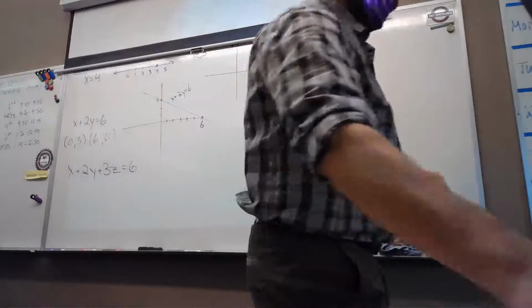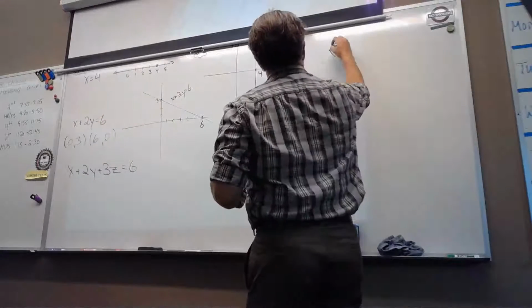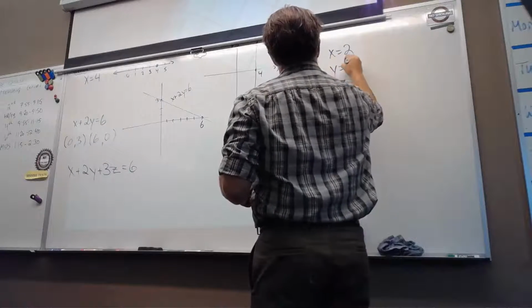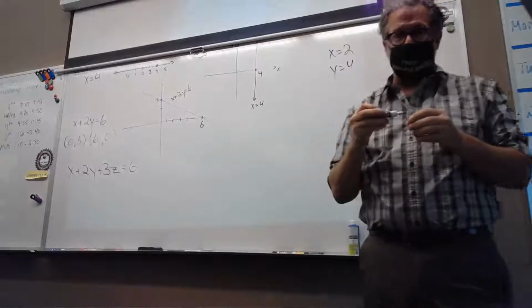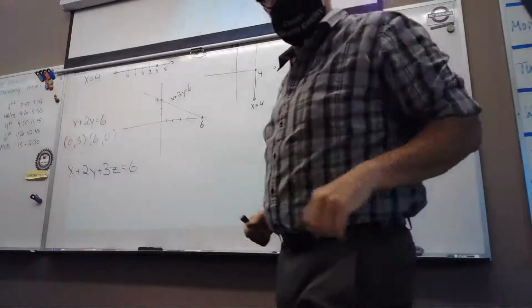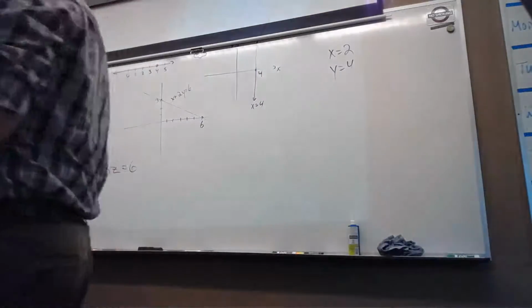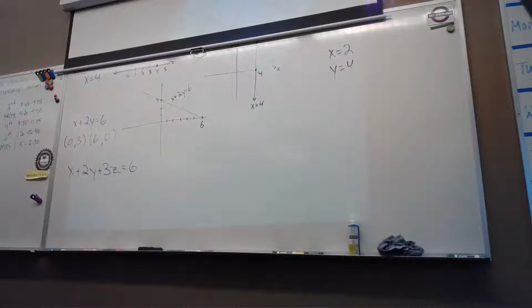I'm going to write it on the board. X equals 2, Y equals 4, and set your little magnet right there on that spot.